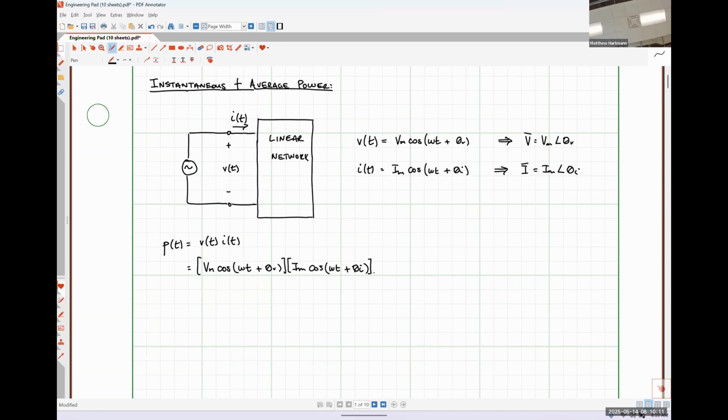Now I'm about to use a trig identity here to expand this out, so I probably need to let you guys know what that trig identity is. So I'm going to put it up here in blue.